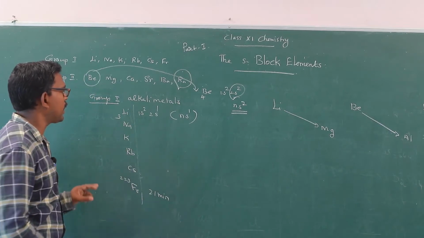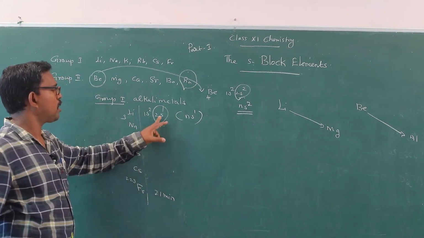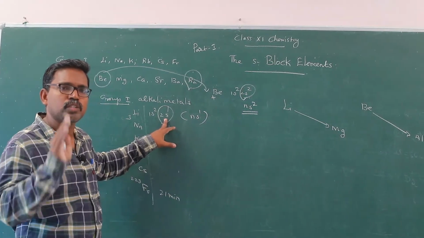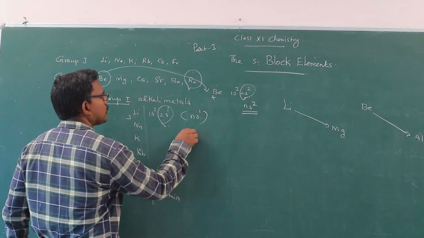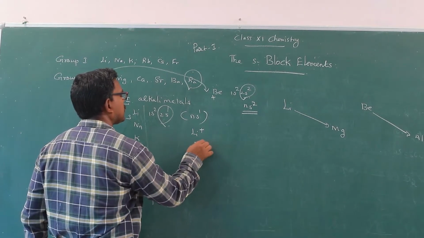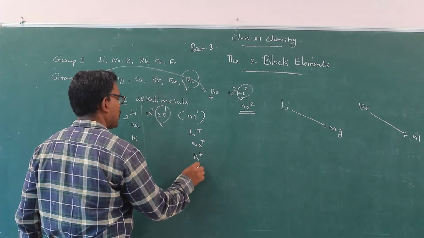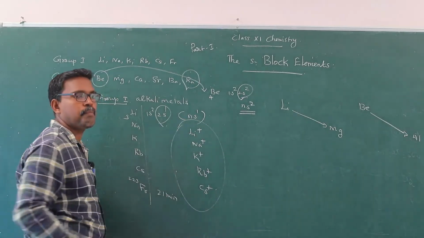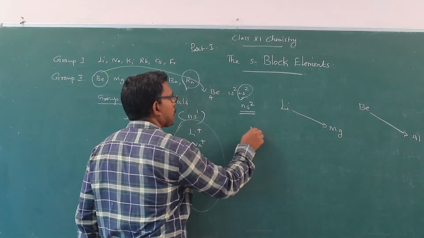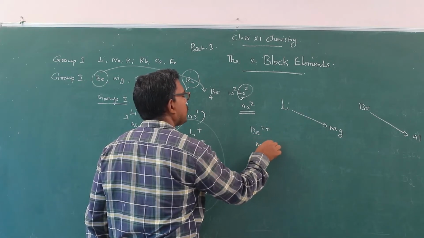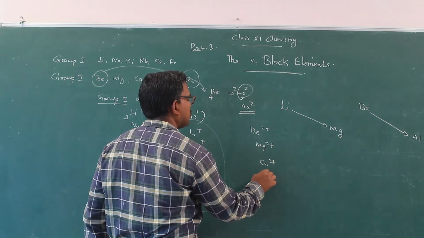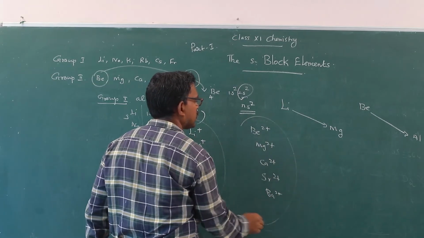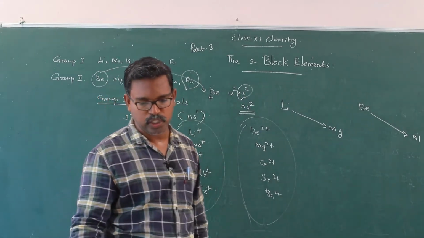In alkali metals, only one electron is present in the valence shell. When the atom loses this electron, it forms Li+, Na+, K+, Rb+, Cs+, monovalent ions. Similarly, Be2+, Mg2+, Ca2+, Sr2+, Ba2+ exist in the form of divalent ions.